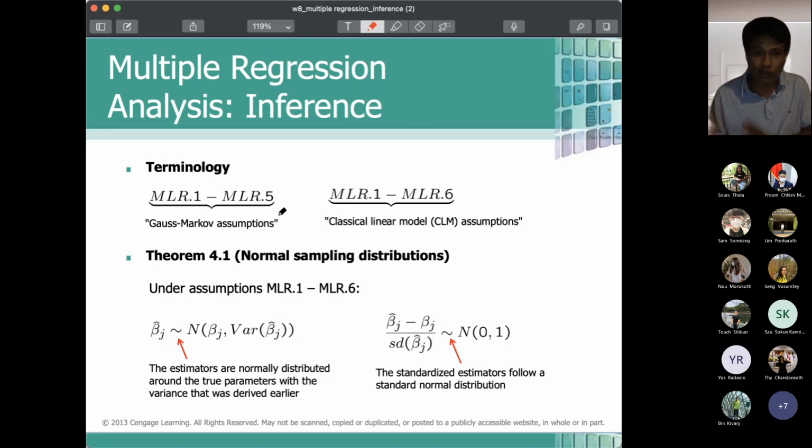If assumptions 1 to 5 are met, we call them the Gauss-Markov assumptions. In the future, when you see Gauss-Markov assumptions, always remember that these are assumptions 1 to 5.